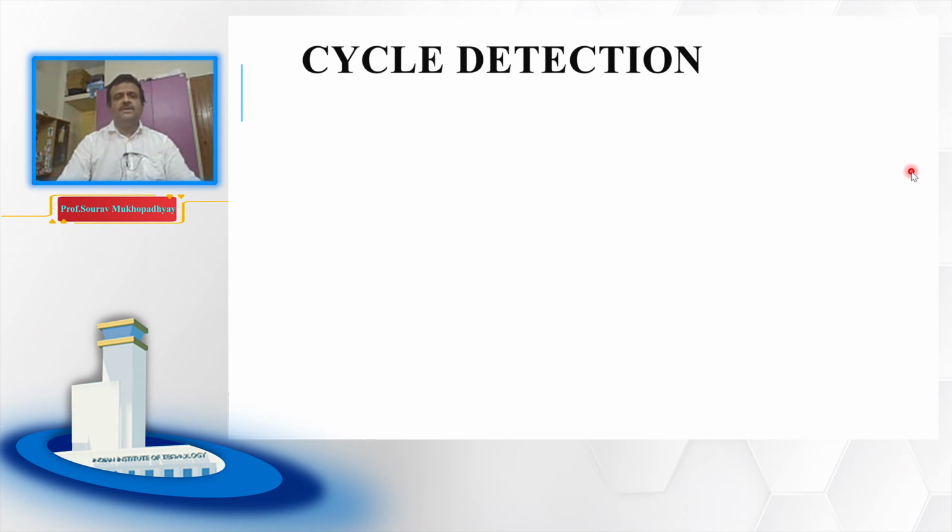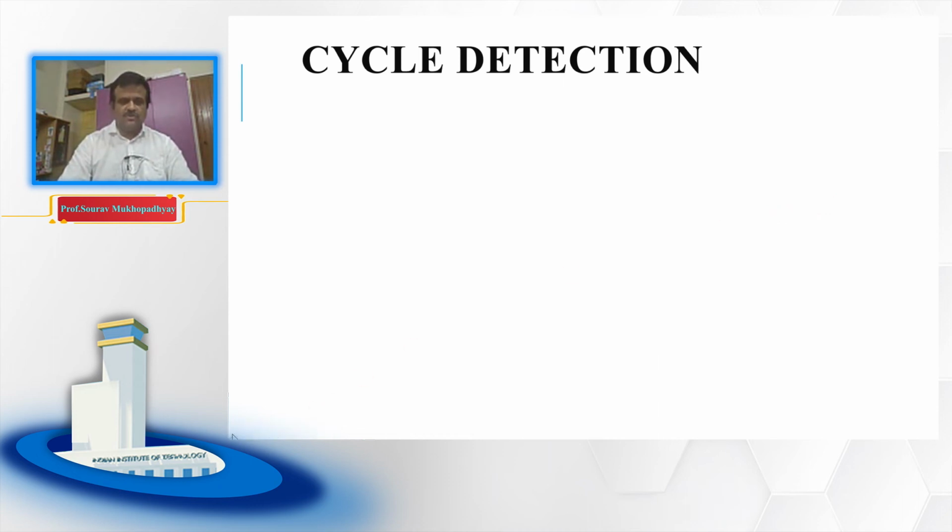Now, how to detect a cycle in the graph? We can use this DFS algorithm, and we will see if there is a back edge in the DFS while we are exploring and classifying the edges. If there is a back edge, then there will be a cycle, and if the graph has a cycle, then there will be a back edge in the DFS.